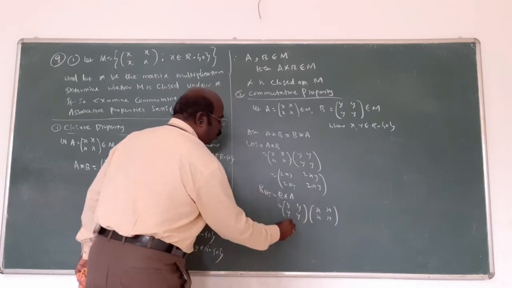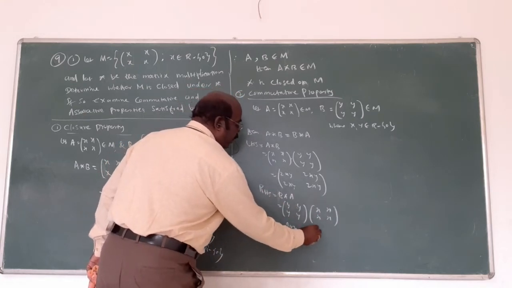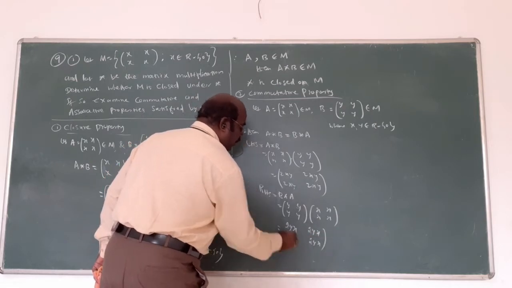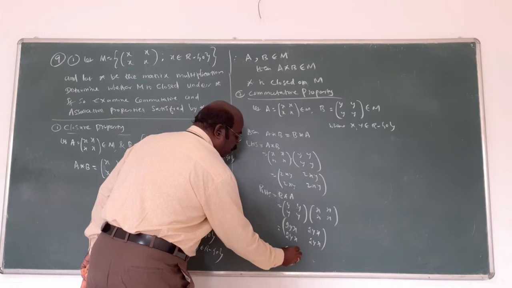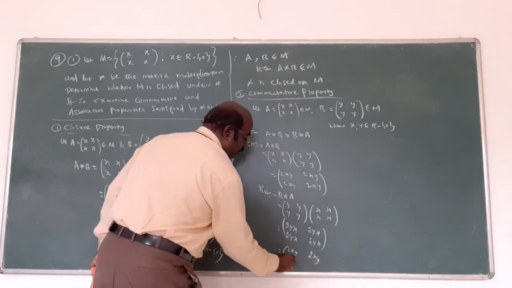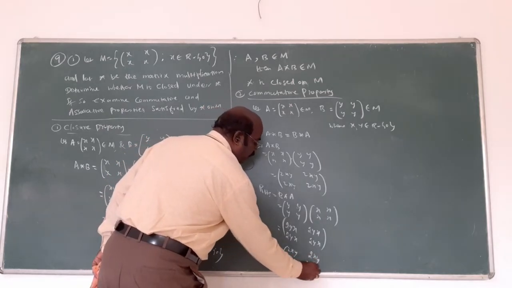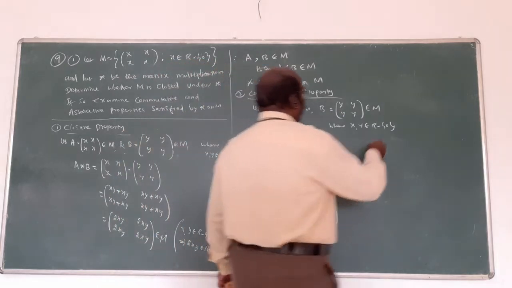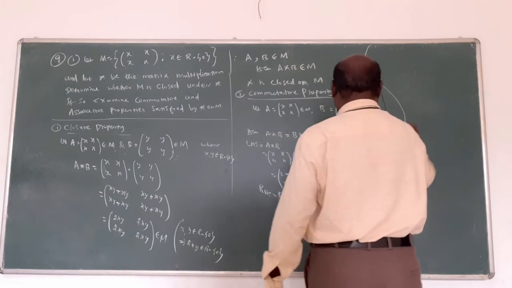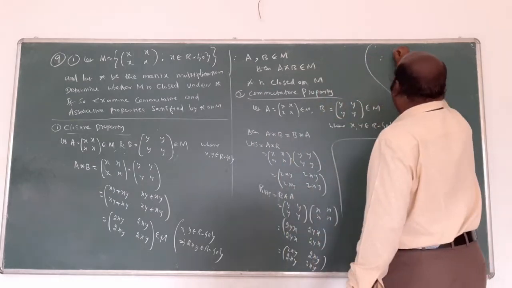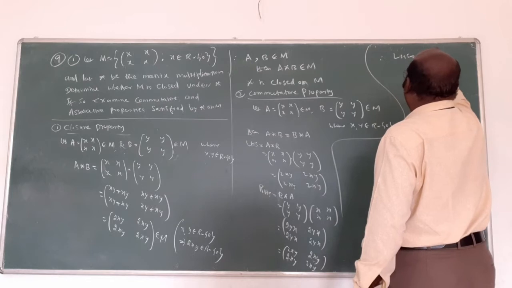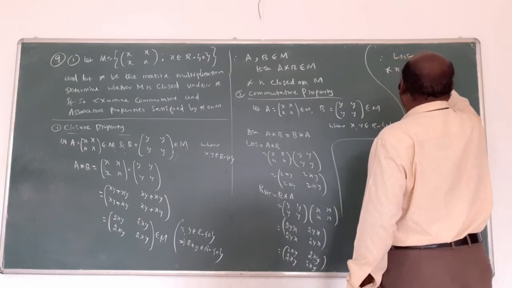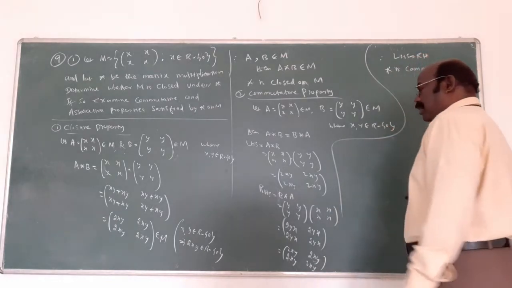Now multiply, and this also comes as 2xy. Am I right? So the LHS is equal to the RHS. Therefore, star is commutative. That is over. Next one is what?